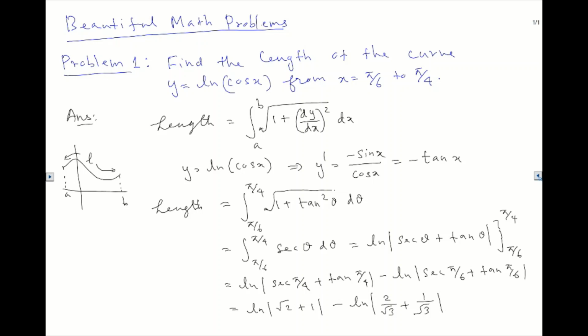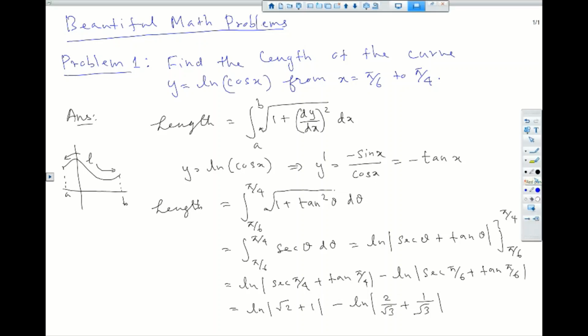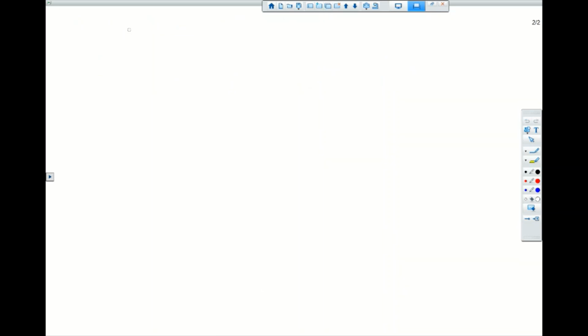So the length equals ln of square root 2 plus 1, minus ln of 3 over square root 3, which is square root 3.